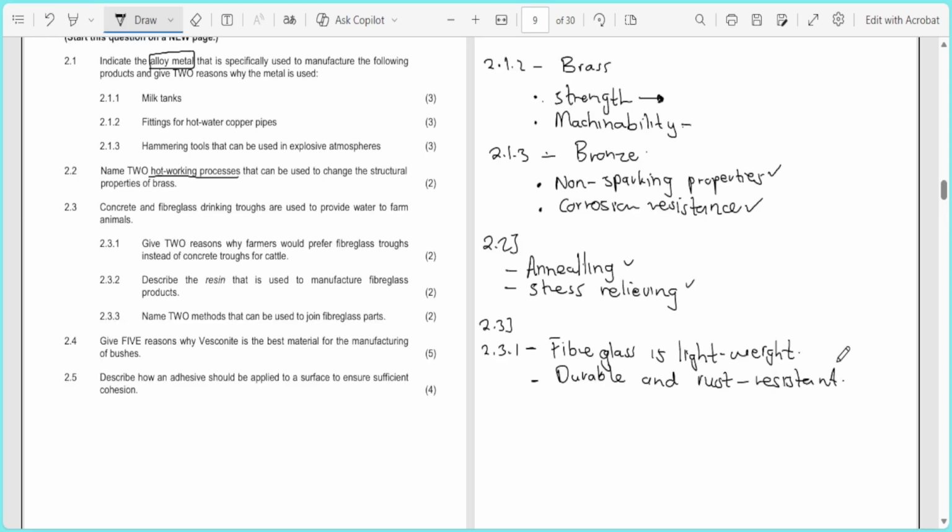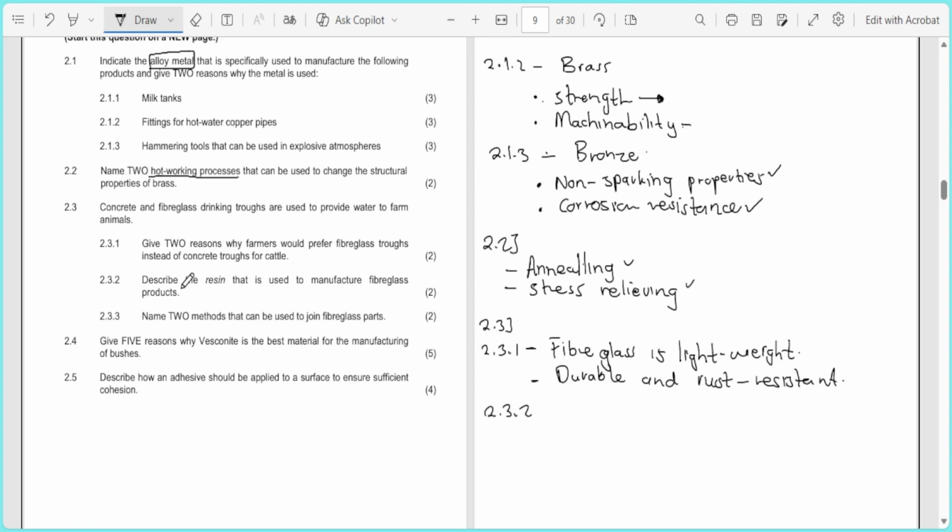Unlike concrete, fiberglass does not crack in freeze-thaw cycles, and it also does not corrode. Another thing, due to its smooth surface, it inhibits algae and bacterial growth inside. So that is why it is an option over concrete. So it is durable and rust resistant. Fiberglass is also lightweight.